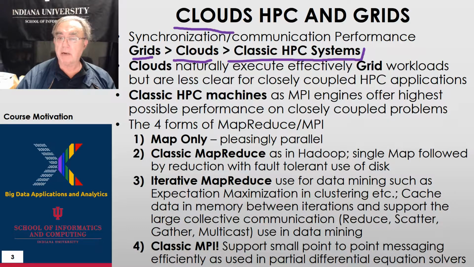They may or may not be distributed, but in any case, the virtualizations that they tend to use, whether or not they use hypervisors, make it difficult to keep nodes together. And remember that the node is next to each other, which is key in high-performance computing. To get good performance, you exploit the locality of the system. So there is a sort of hierarchy. Grids are the least coupled, then clouds, and then classic HPC systems.